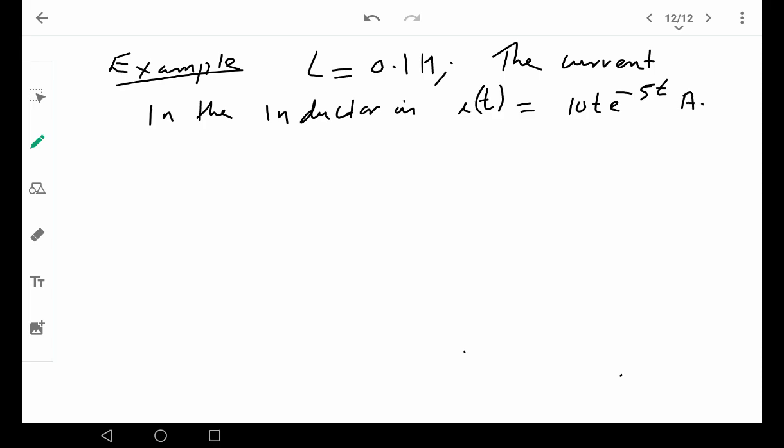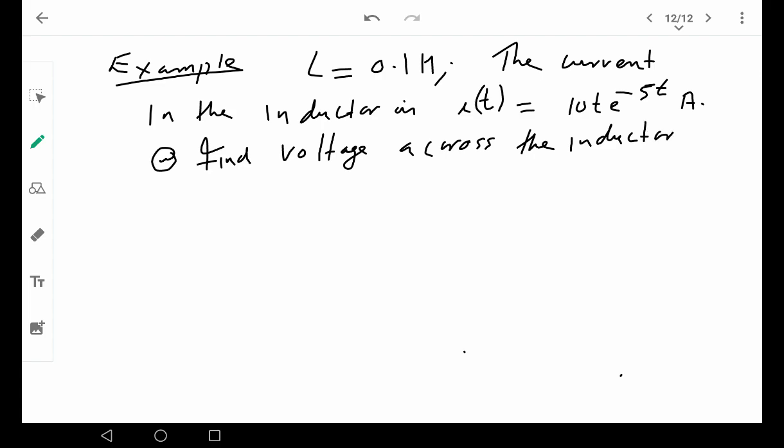Find the voltage across the inductor. That's the first question.